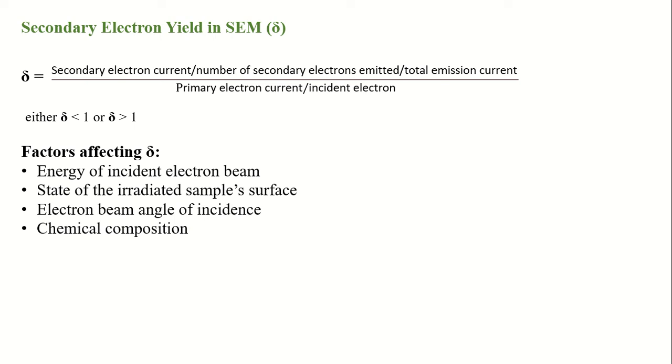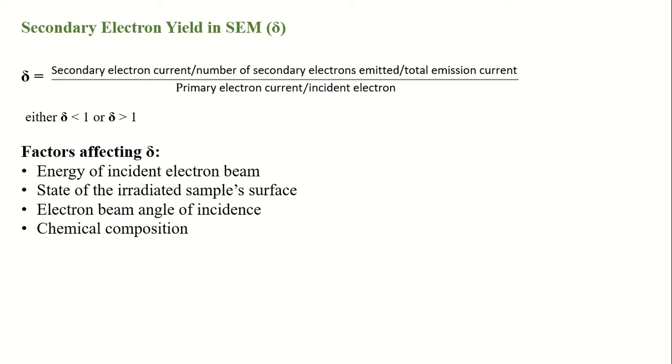So the secondary electron yield further depends on the angle of incidence you are using to take the SEM images.